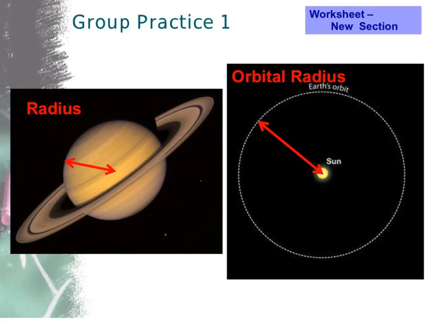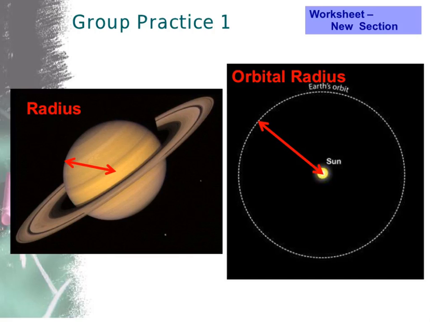So you have a table of data there, and for each of the planets, or in the case of Pluto, which recently got demoted to a dwarf planet, you will have some information about it. You'll have the mass of the planet, the radius of the planet, and something called the orbital radius of the planet.